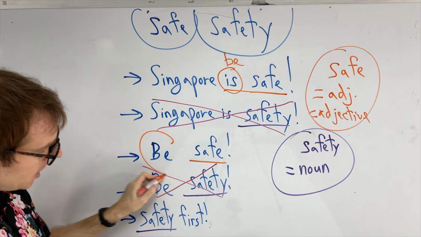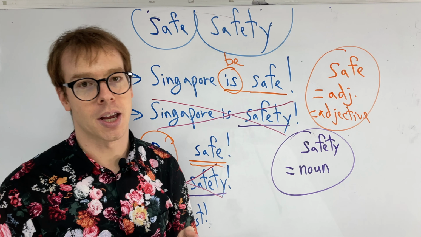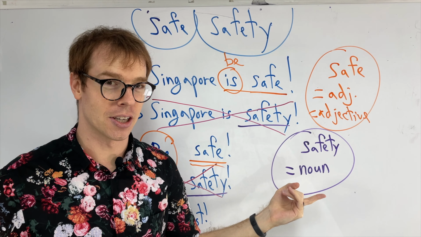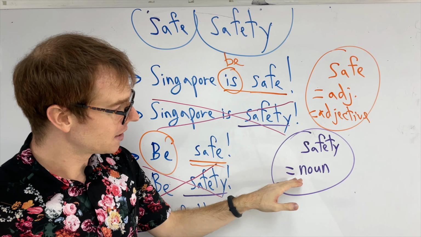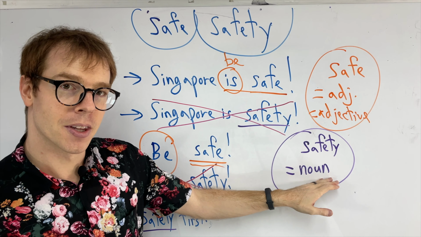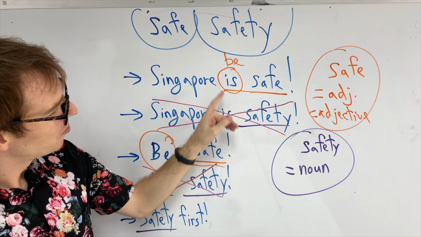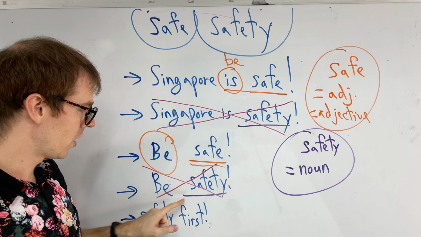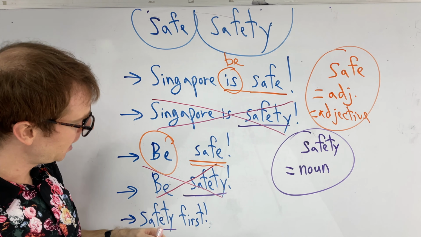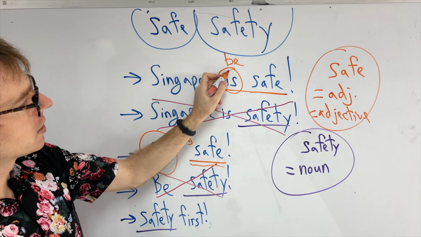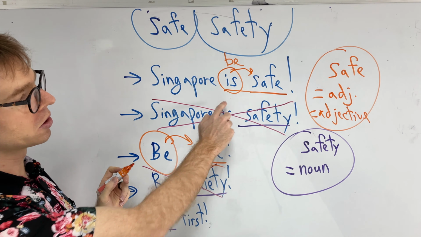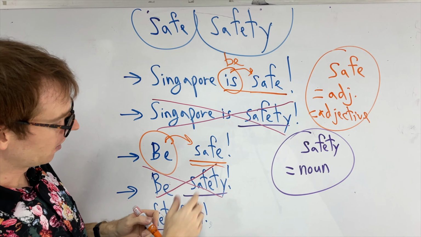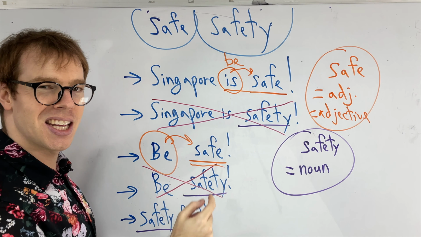Safety is not an adjective. Safety is a noun. Be safety? No, we don't use safety with our be. After be, we're not using our noun. We're using our adjective.